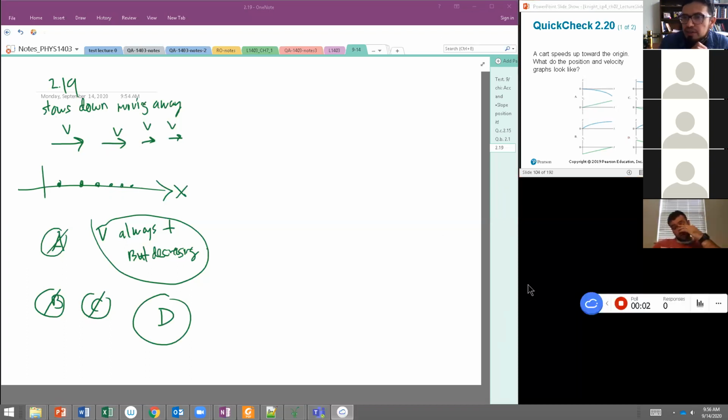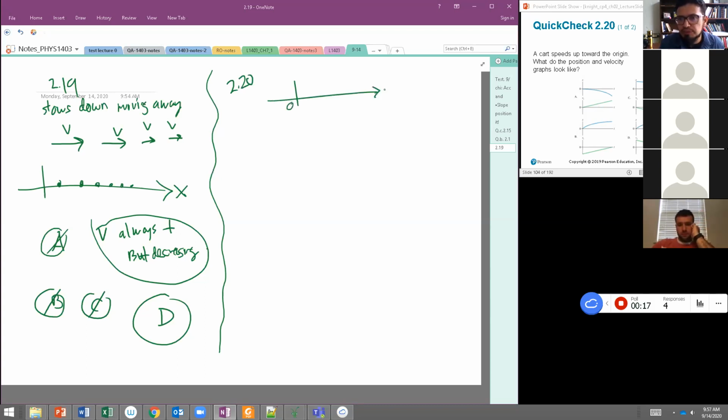So here we have now the car is speeding up toward the origin. Once again, what do the position graphs look like? So in this case, now because we are moving towards the origin, all velocities are negative.